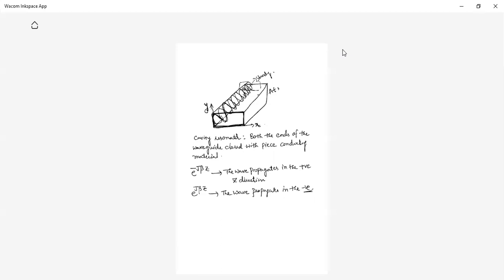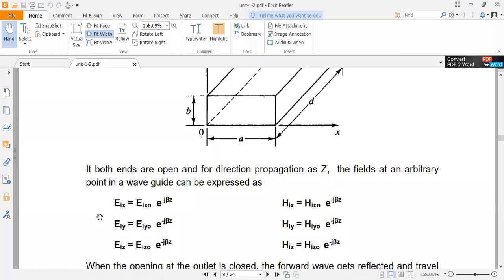What is the forward wave? What is the reflected wave? E_x is E_x0 e power of minus j beta z. E_y is E_y0 e power of minus j beta z. E_z is E_z0 e power of minus j beta z. Similarly for the magnetic fields also.